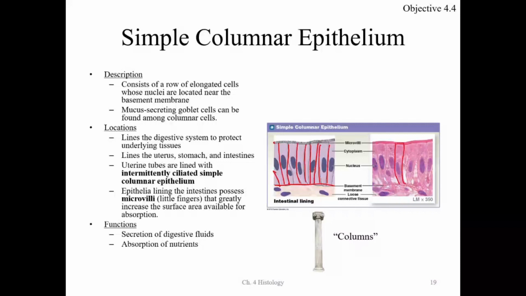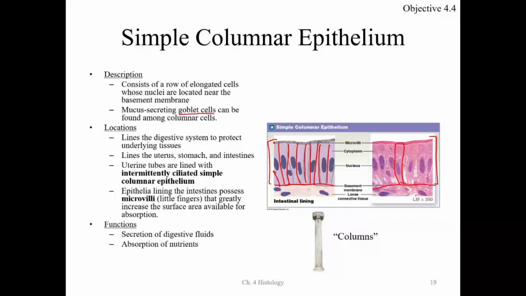You can see they are one cell thick, and they are long and tall. There might be a cell called a goblet cell present. Maybe there will be goblet cells. We'll see some of the goblet cells.